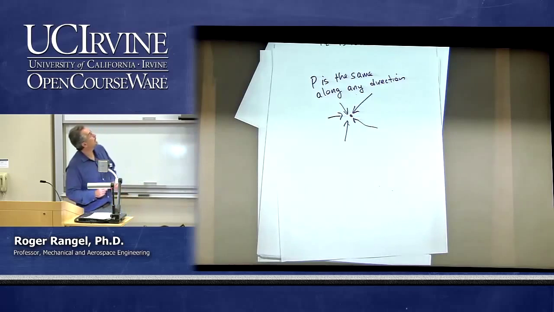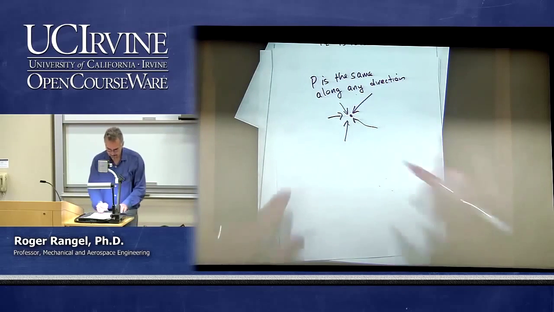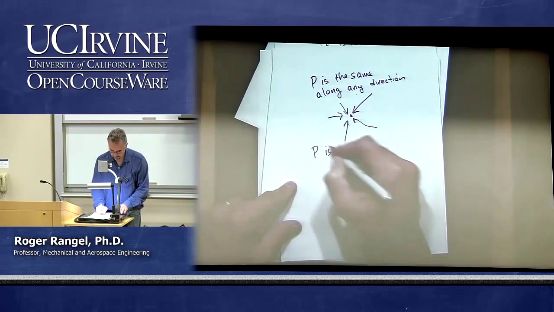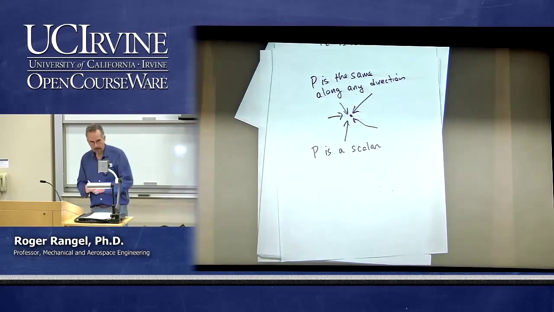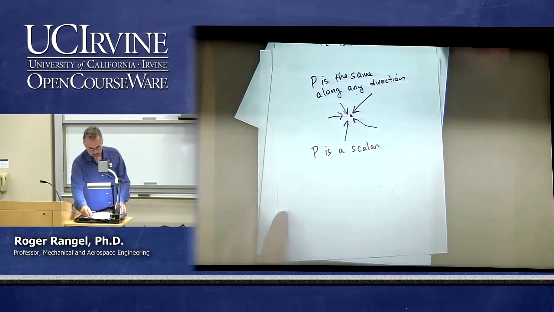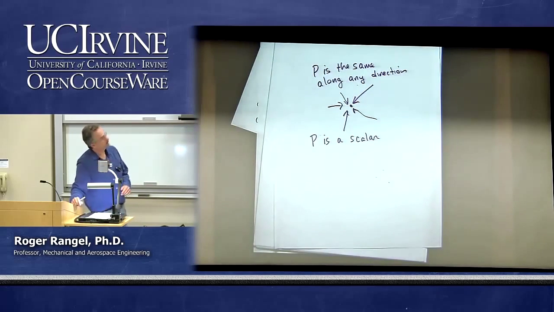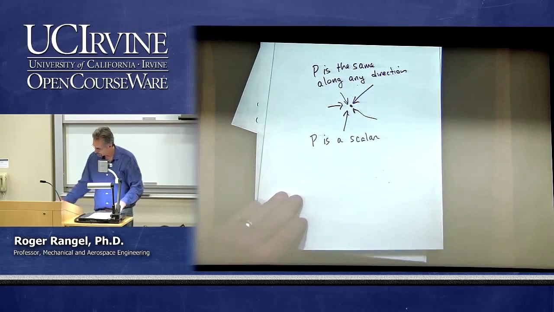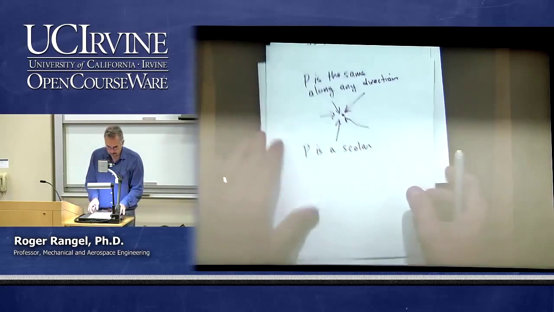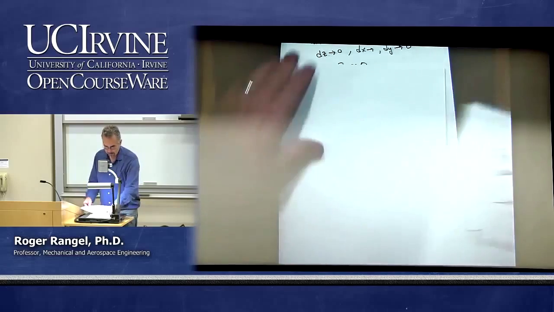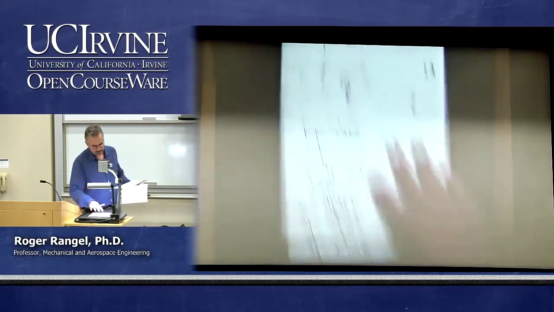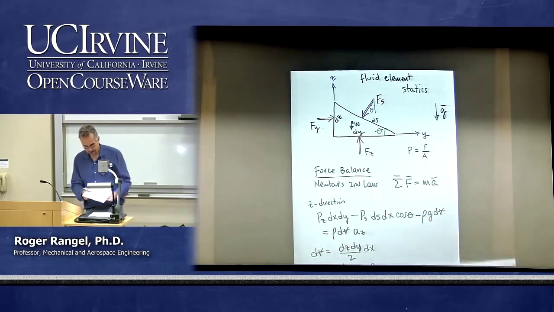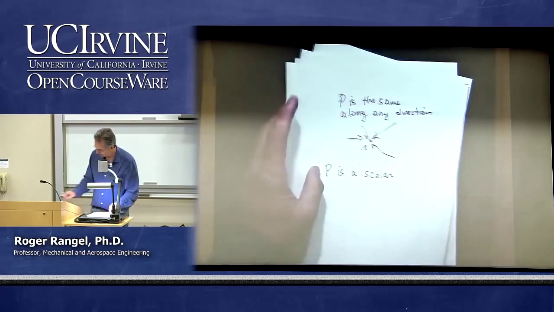And therefore, that's what allows us to conclude that the pressure is a scalar. Pressure is a scalar. We don't have to make a distinction about the pressure being different in different directions. It's the same in all directions. So that we arrive at by doing this force balance on this particular shape of a fluid element.